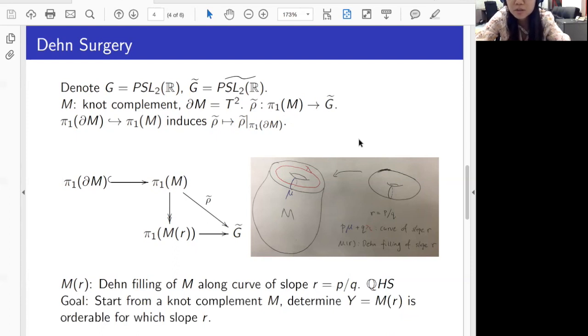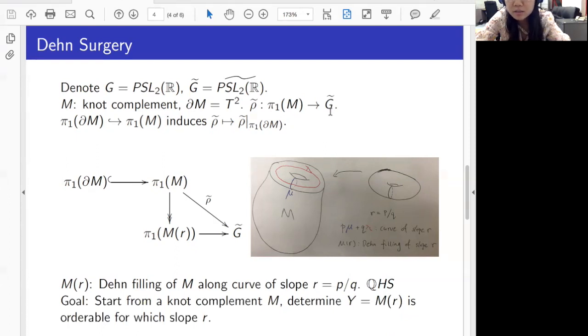This is because for knot complements, there are usually lots of PSL2R representations, and they all lift to PSL2R tilde. So in this way, we can get many PSL2R tilde representations of the knot complement.